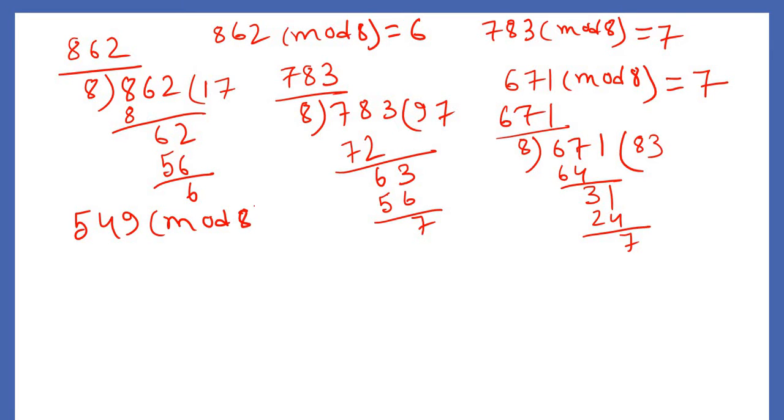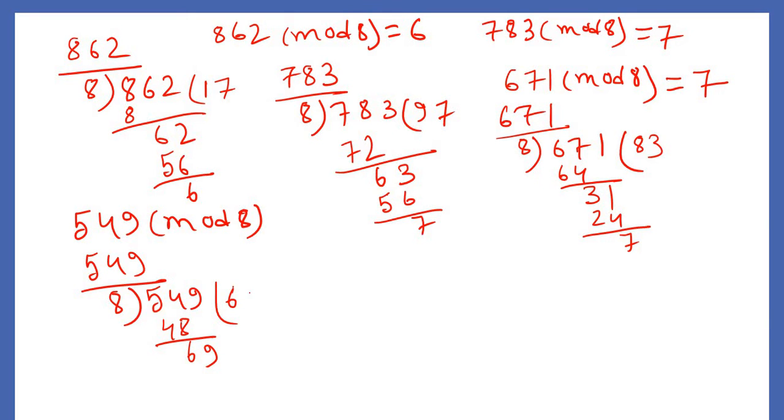549 mod 8. So let us divide 549 by 8. 8 into 6, 48, and 8 into 7, 56. Therefore here we use the quotient 6. 54 minus 48 is 6. So 69. 8 into 8, 64. Here the remainder is 5.